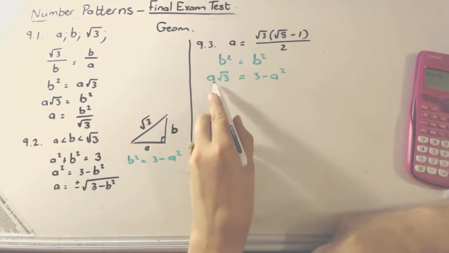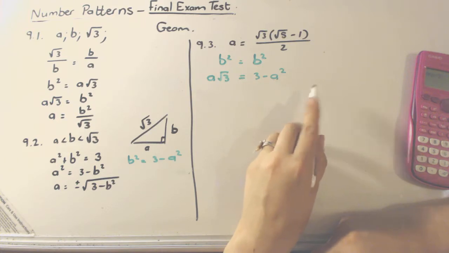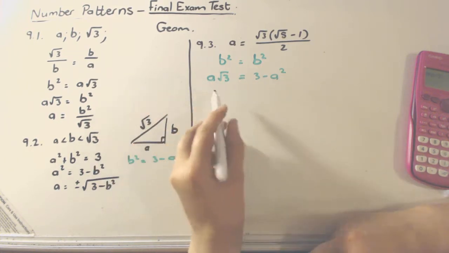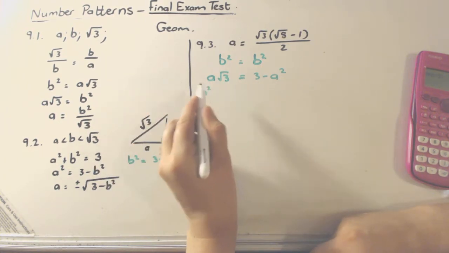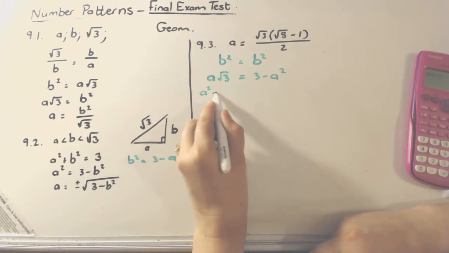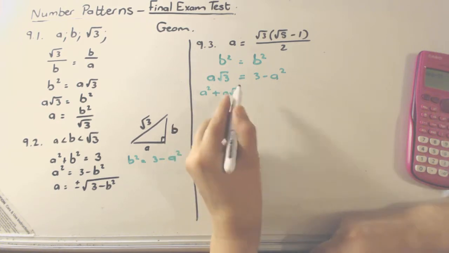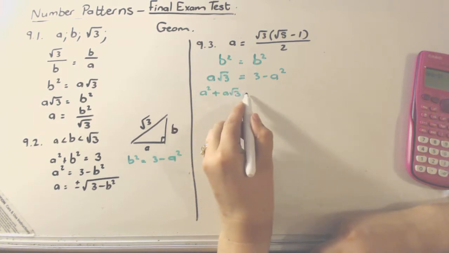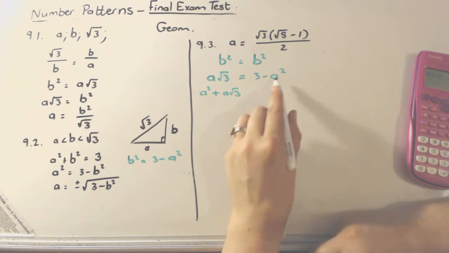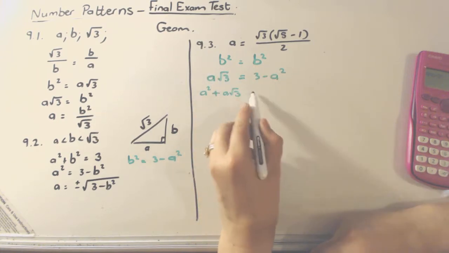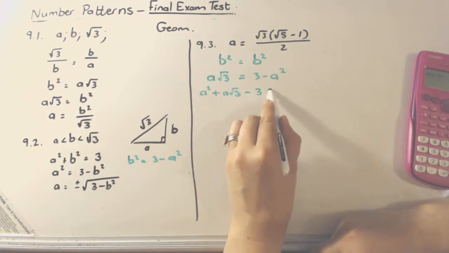Right. Now I want all of the a terms on one side, so I get a squared plus a root 3 minus 3 is equal to 0.